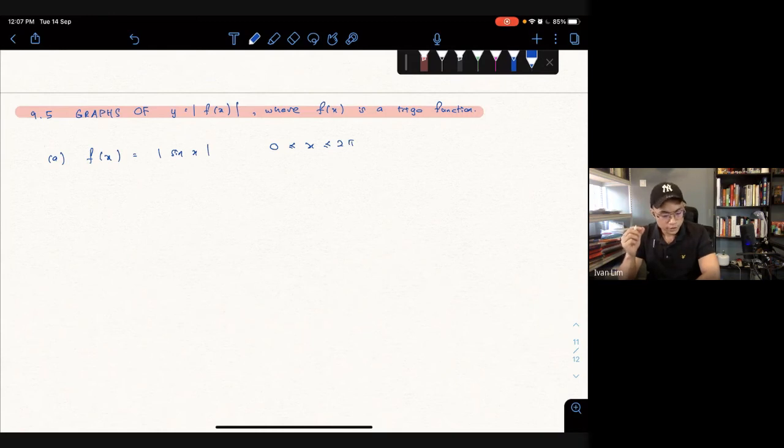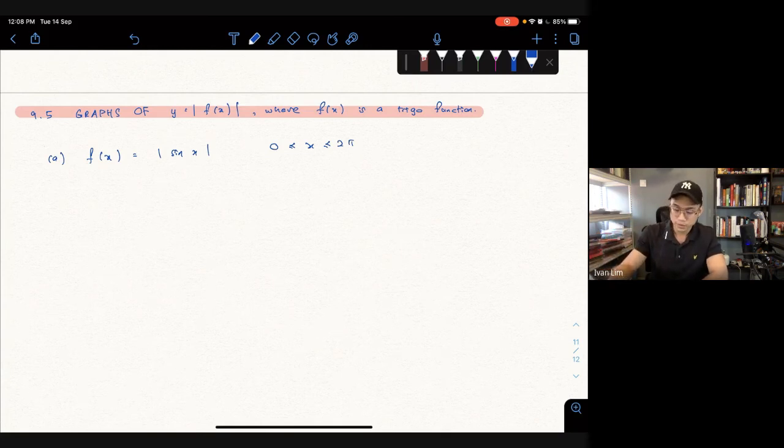Now they say sketch the graph, right? What I will normally do is draw the original graph first, same concept as I taught you for straight line, quadratic, cubic. When you want a modulus, the textbook style might teach differently, like straight away giving you the values with the modulus. But I always encourage students to draw the original graph first, so at least you won't be confused with the negative or positive values.